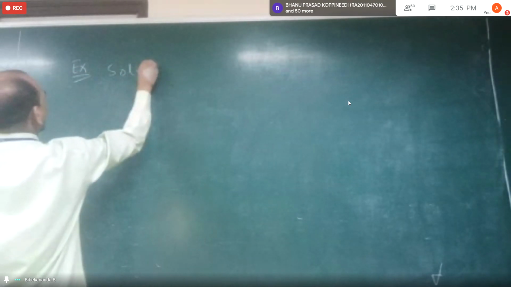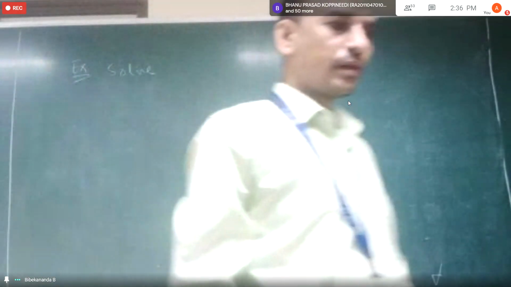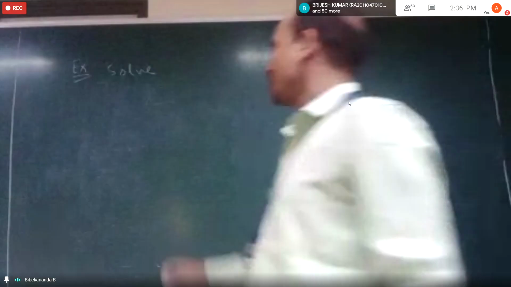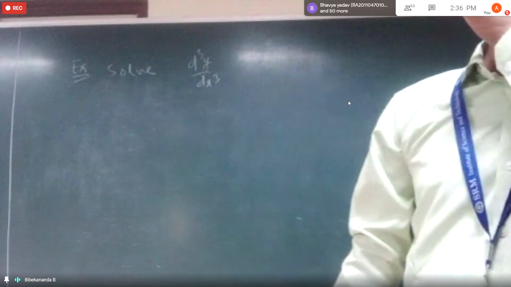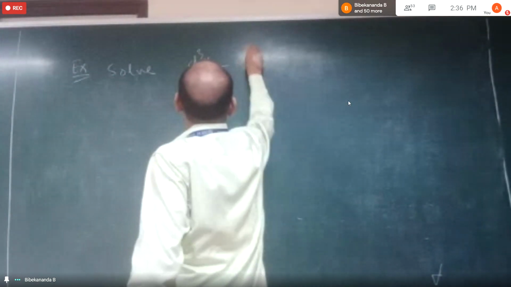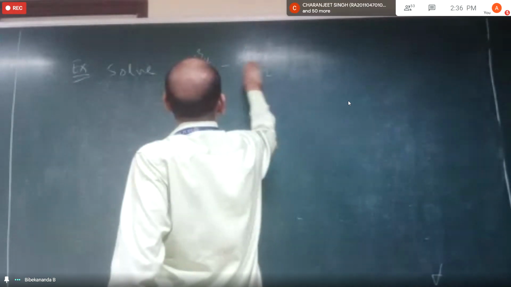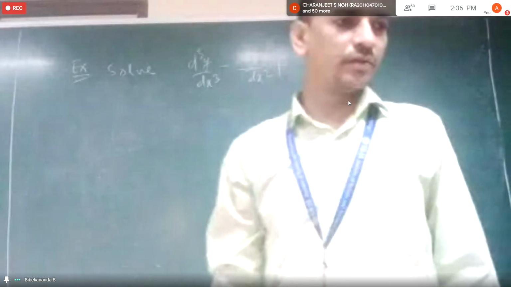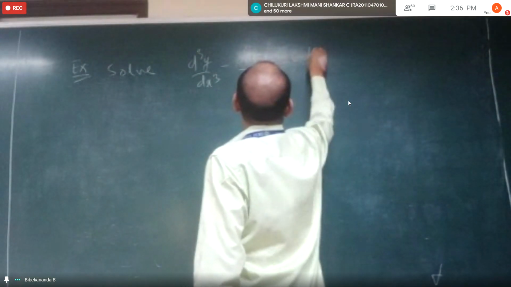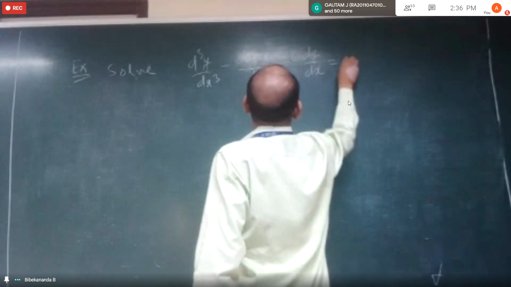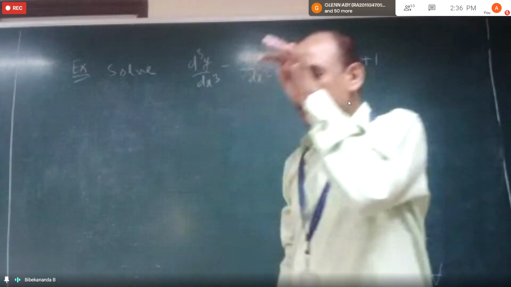Next problem is: solve d cube y by dx cube minus d square y by dx square minus 6 dy by dx equals x square plus 1.